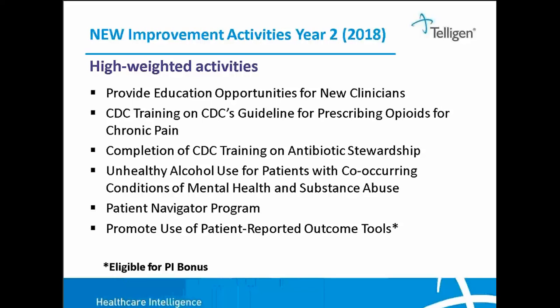And Sandy will talk more about this soon, but I picked out some that might be of interest to you that you could start with first. But with opioids being a big focus, you can see they have something there for the CDC guidelines and training on that, as well as antibiotic stewardship, alcohol use, patient navigator programs, providing educational opportunities for new clinicians as well.